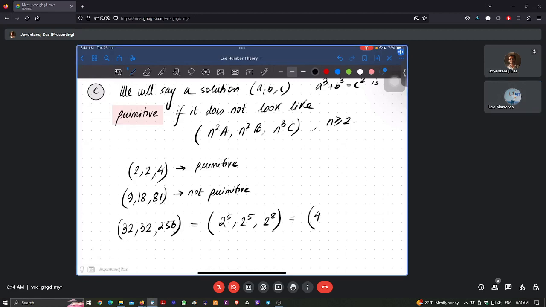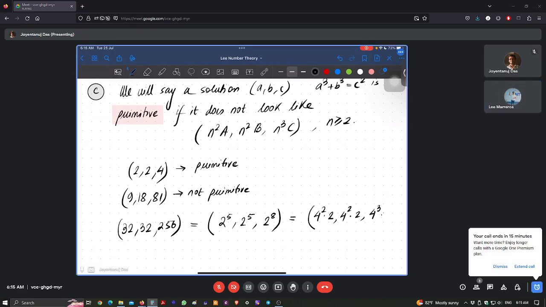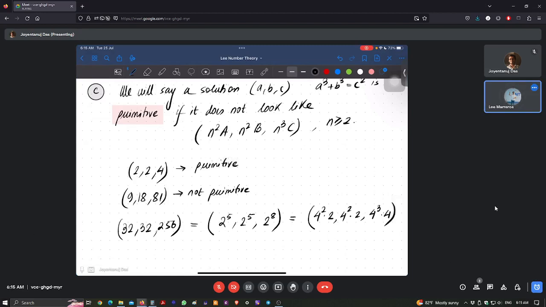If I take 4 squared times 2, I want to write 4 cubed times something; 256 divided by 4 cubed is 4.